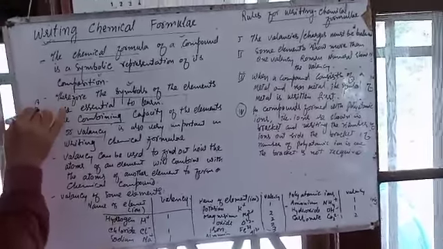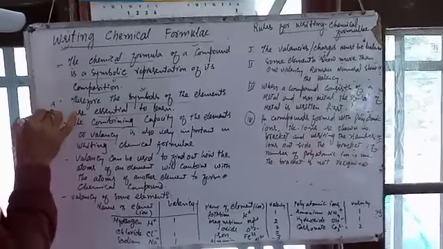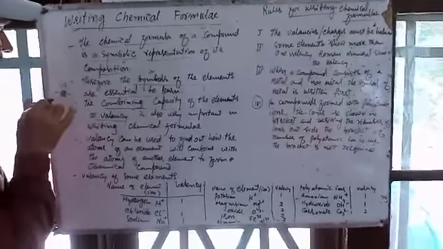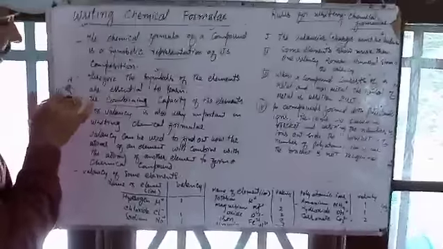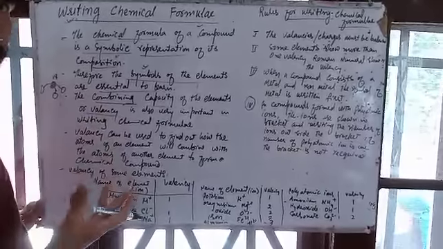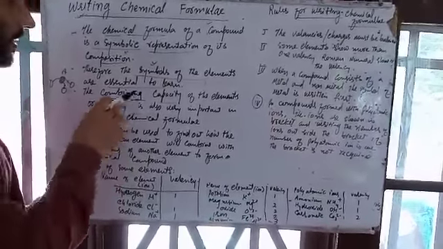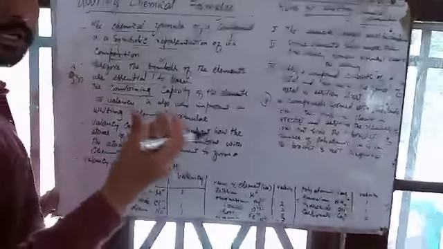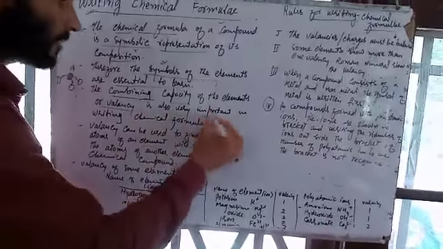For example, it has 3 arms, therefore it can combine with 3 atoms. That is valency. This is also important for the learning of the chemical formula.